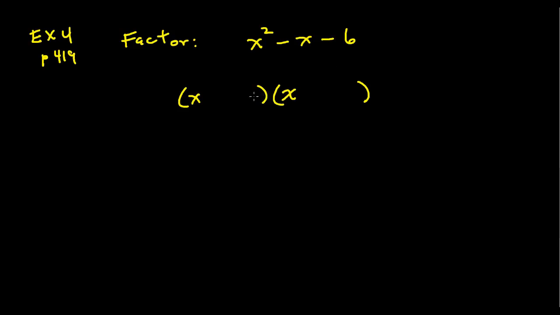All right, I think I see something happening here. If I put a 3 here and a 2 here, yes, I can play around with the inner and outer product and the signs of those to add up to a negative x. Can I not?